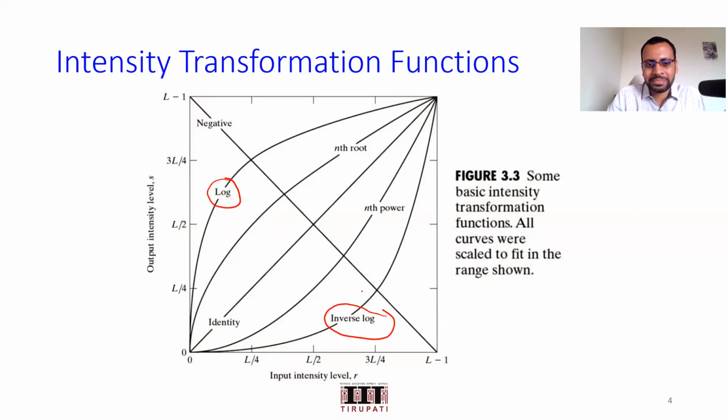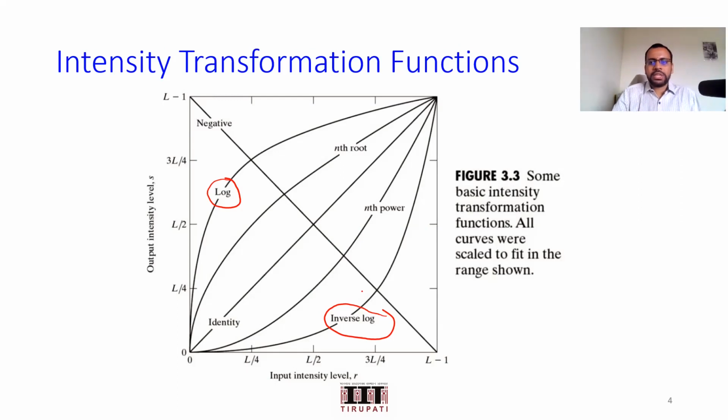There's no contrast. No contrast in which region? Like it's only dark in case of log. When the image is completely dark, in order to enhance the contrast, we use log transform. And what about inverse log? If it's too bright, exposure is too much, then we can use inverse log.